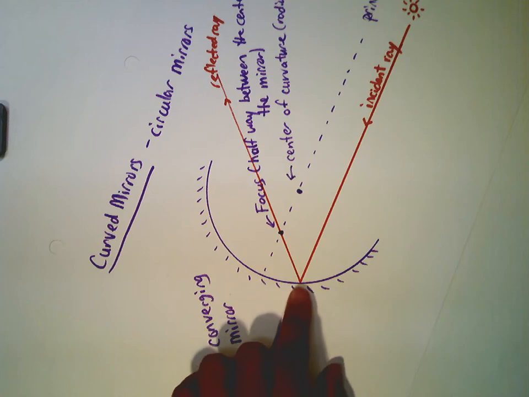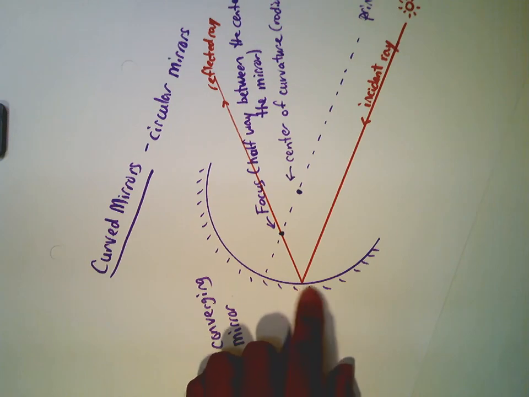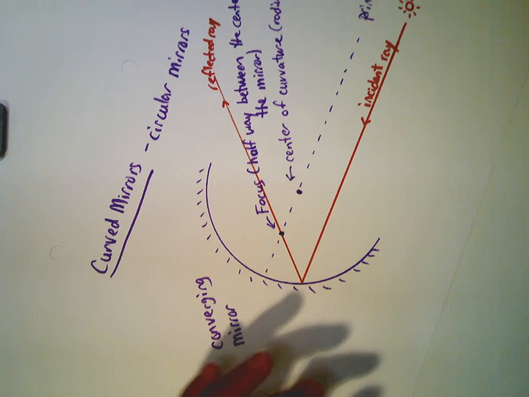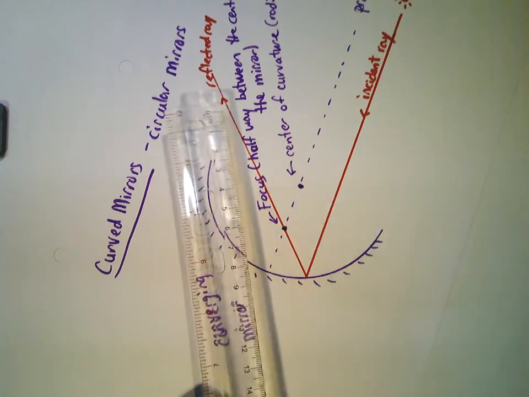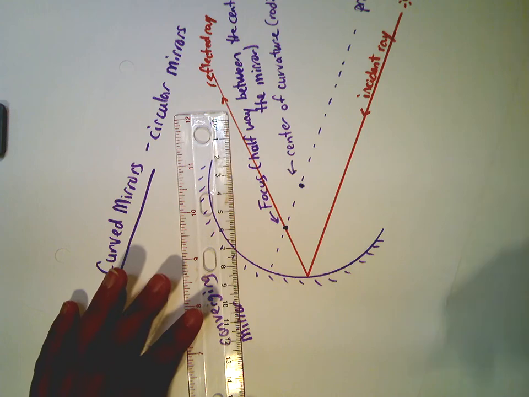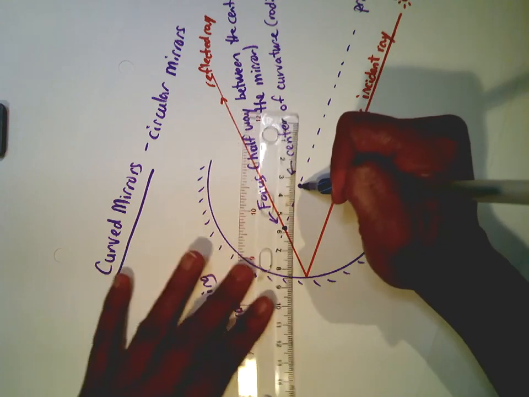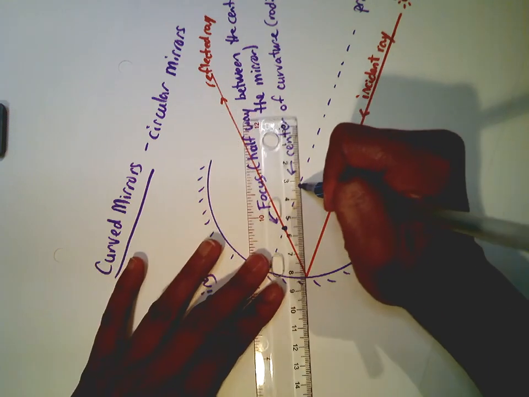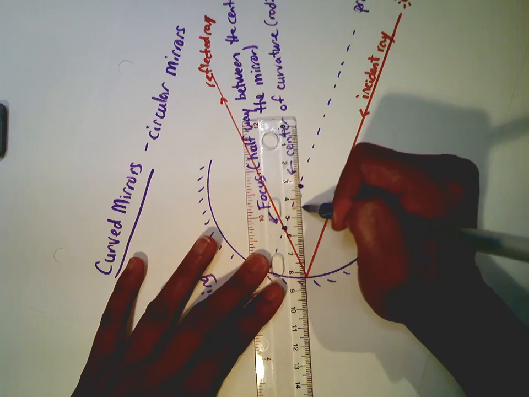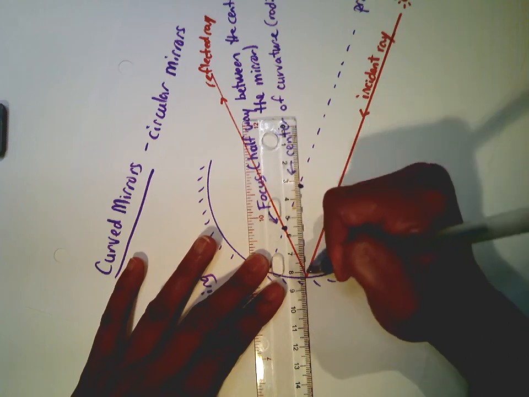The normal is 90 degrees from the surface to that normal, that dotted line. Remember, you're drawing the radius here. By default, if you draw a line from the radius to the outside, it will automatically be 90 degrees. So this here is your normal.